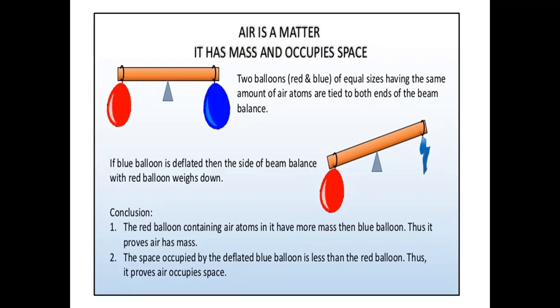Because the air we are blowing is occupying the space within the constricted balloon. Now after bursting the balloon, we see that all the air from inside the balloon comes out, and the space occupied by the air inside reduces. So this proves that air occupies space.